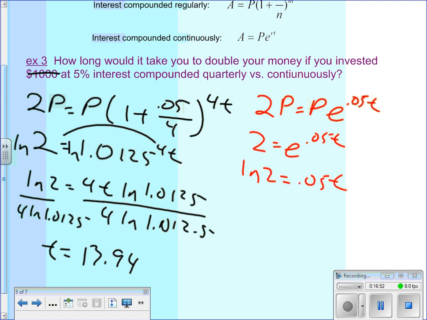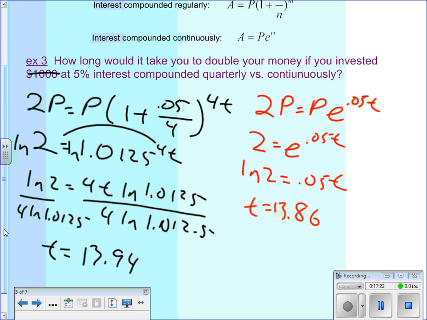That's what I love about using natural logs of e. It's just whatever the exponent is. Divide both sides by 0.05, so natural log 2 over 0.05. The natural log and e go away because they're inverse functions. So I get t equals 13.86 years.